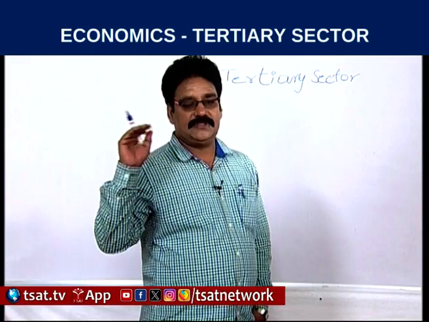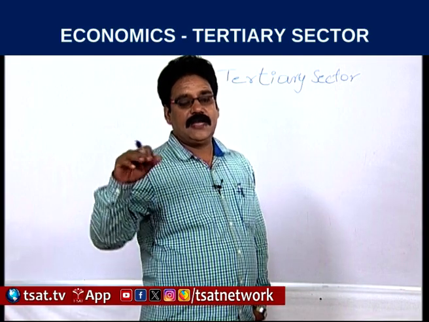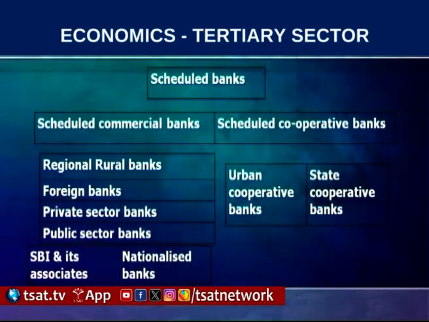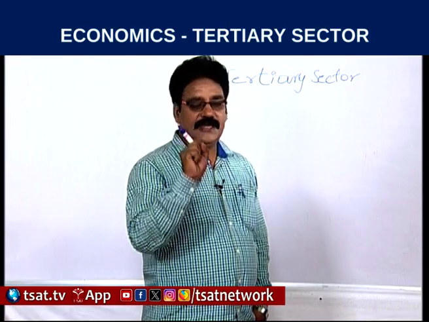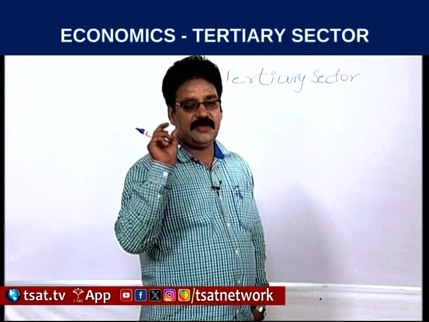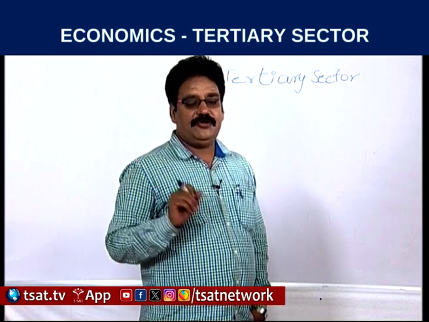Scheduled cooperative banks are classified into two types: urban cooperative banks and state cooperative banks. The motive of scheduled commercial banks is profit making, and the motive of scheduled cooperative banks is to bring coordination between the people. This is the main motive of the scheduled cooperative banks.